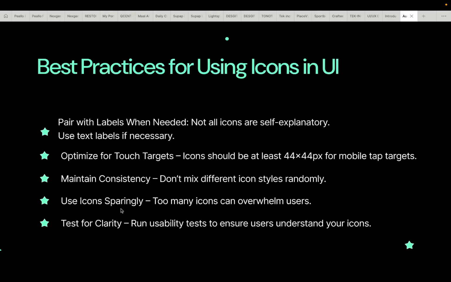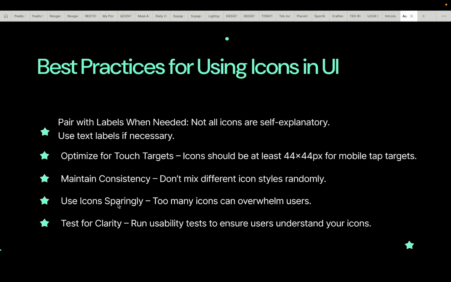So use icons sparingly. Too many icons can be overwhelming. So make sure that you use them when they are needed. It is not all the sections in your design or all the screens that require icons. Sometimes there are other components that you can use.